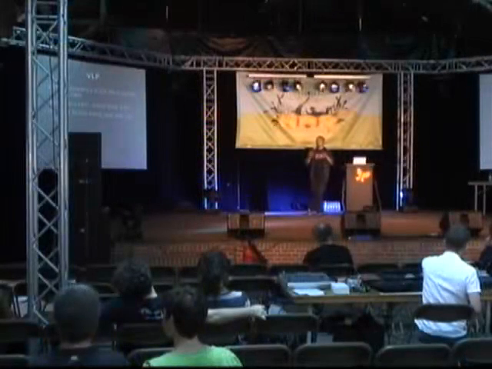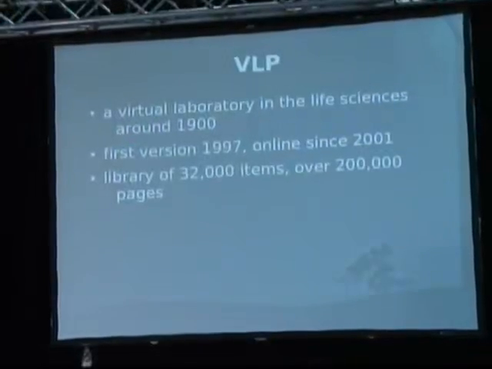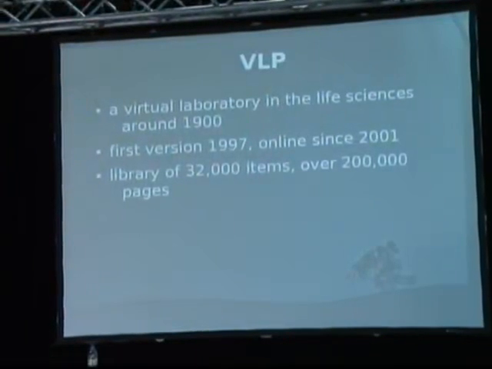And the idea here is a little like with the Cuneiform library, the idea that you reconstruct the working environment of a scientist working in physiology in the 19th century.